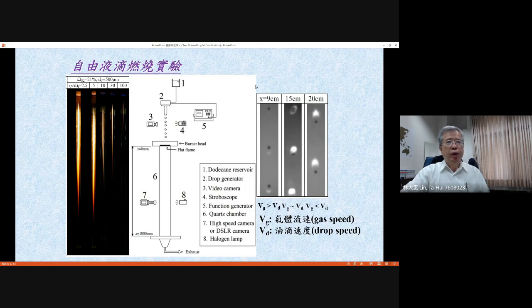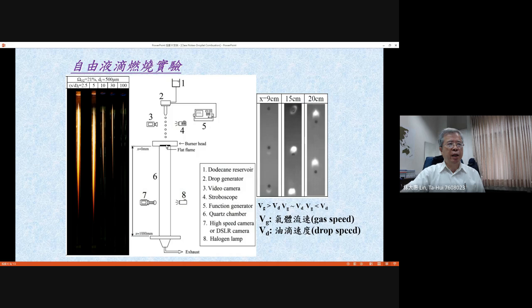Okay, we look at x equal to 9 centimeter. Actually, this is in the upstream side, near the flat flame. That means the droplets start to be ignited, and they will experience smaller droplet velocity because the droplet velocity is falling down by gravity.